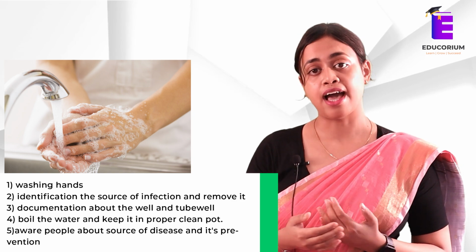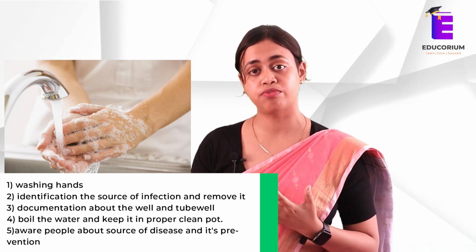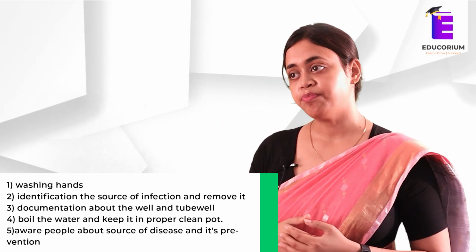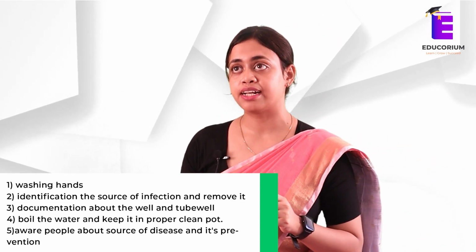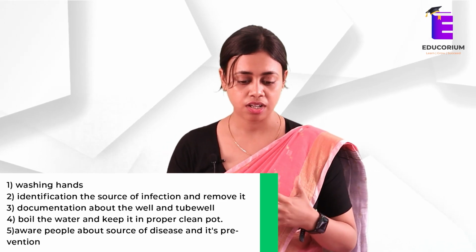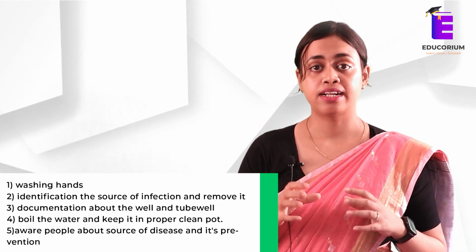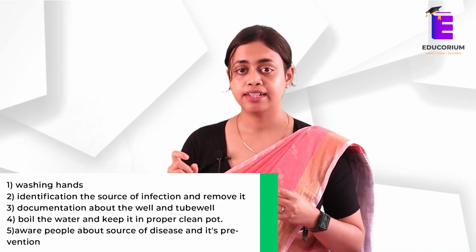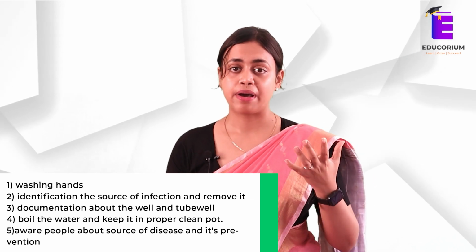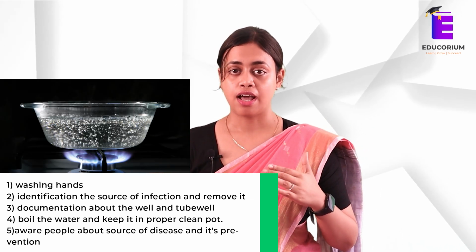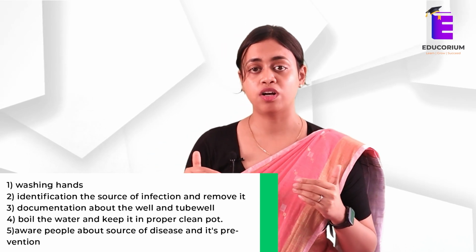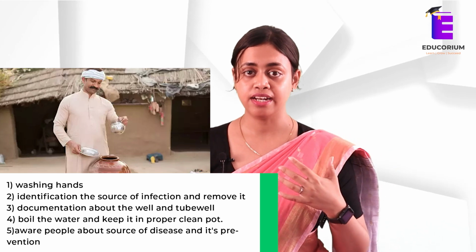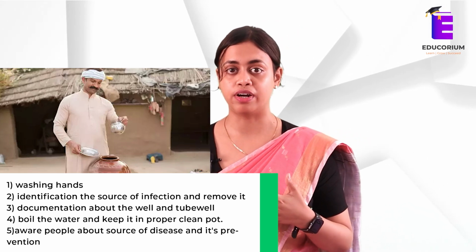Then washing the hands, and washing vegetables and fruits before eating them. Then there is the preservation of water. Water should be preserved in a clean pot. Water should be boiled, then preserved, and kept in a fresh, clean pot. Then only can we take it as our drinkable water.